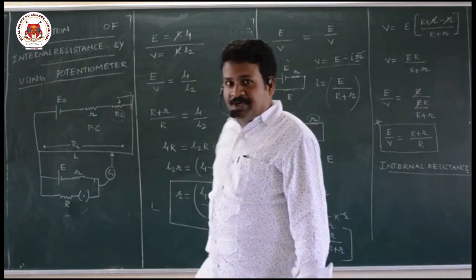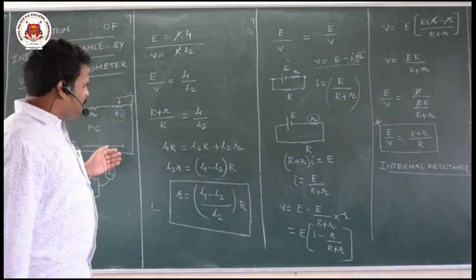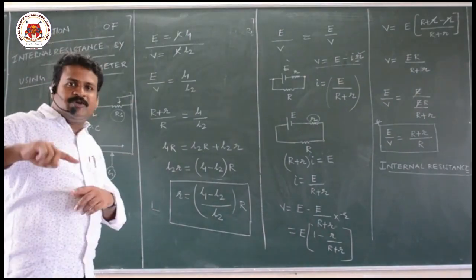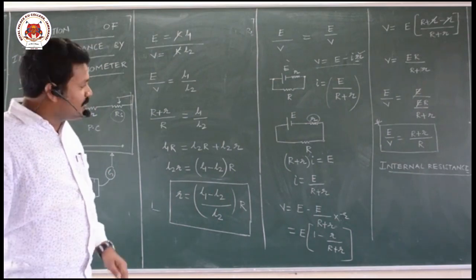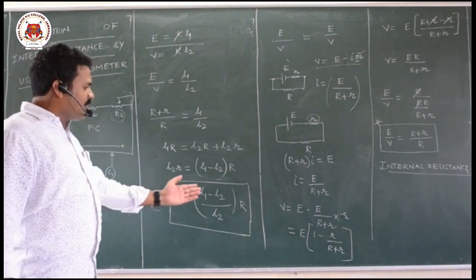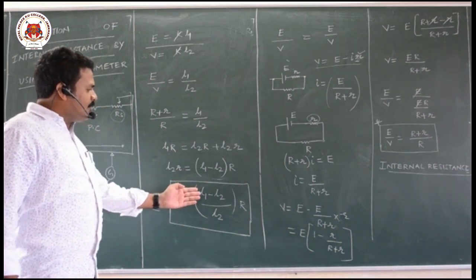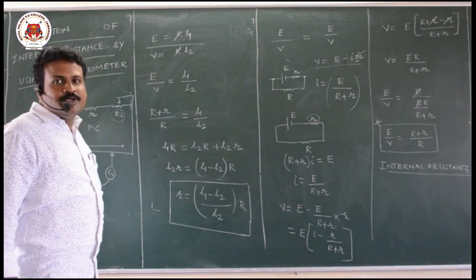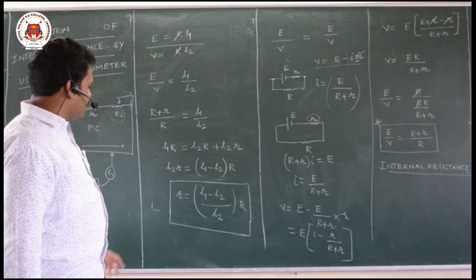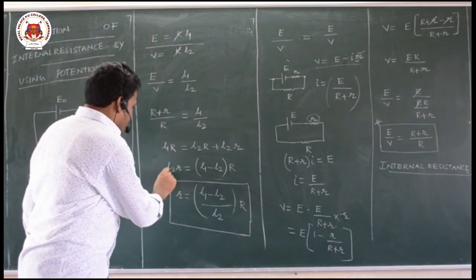Next, by using potentiometer we can compare the EMFs. When you are comparing EMF, what you will get? E1 by E2 is equal to L1 by L2. Next we can find the internal resistance of the cell also. Formula for internal resistance is small r is equal to (L1 minus L2) by L2 into capital R. So this is the formula for internal resistance.